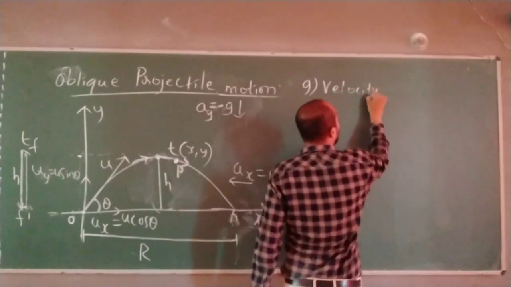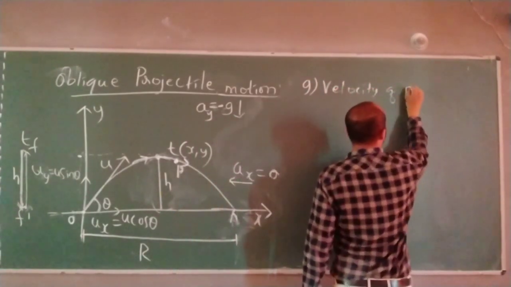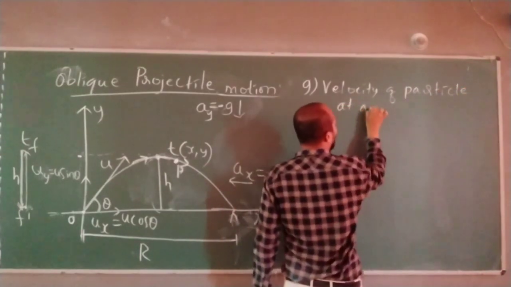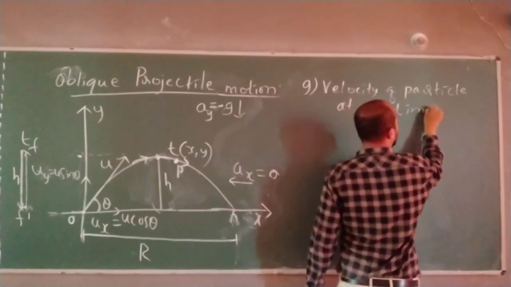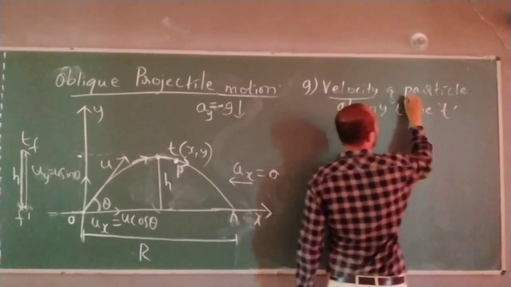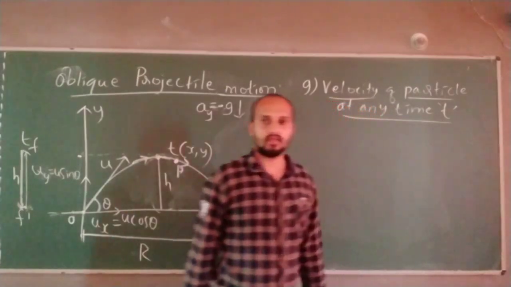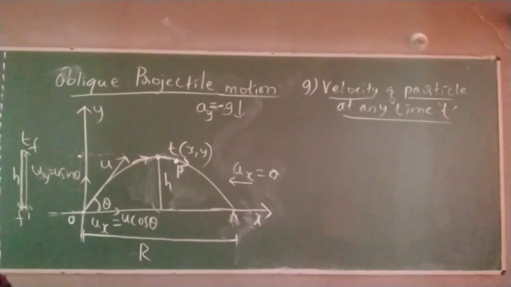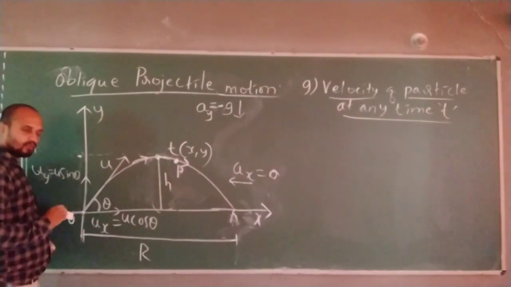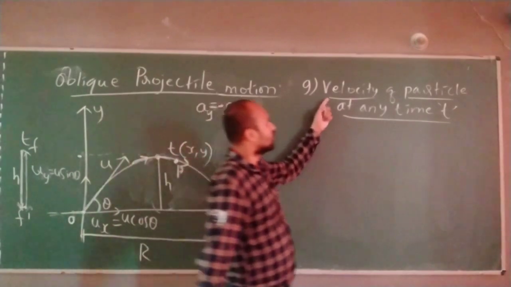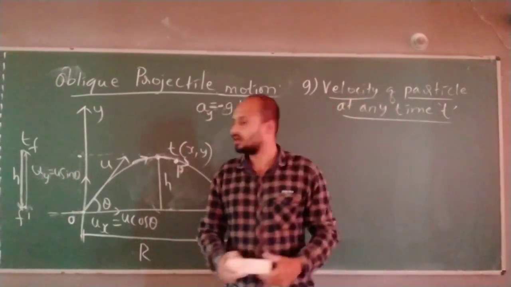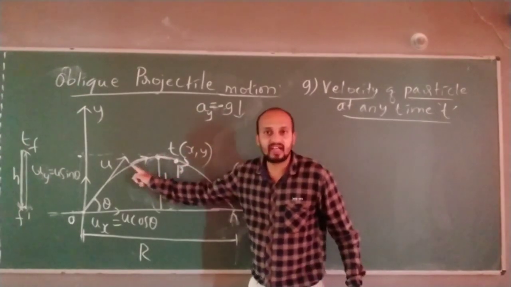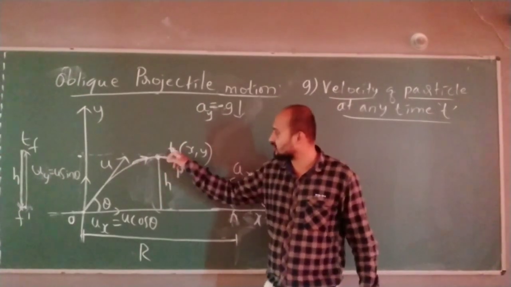Velocity of a particle at any time t. Now what I am trying to find: I know the initial velocity ux, uy. I want to find the velocity of a particle at any time t. In this complete journey, I can find the velocity at any point if I know the time t.